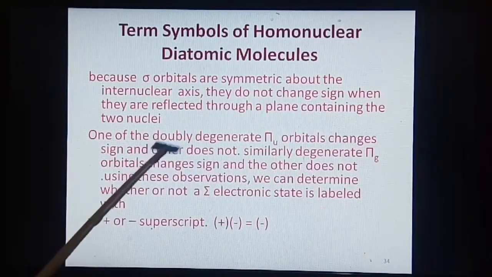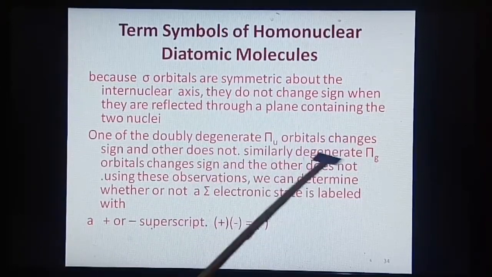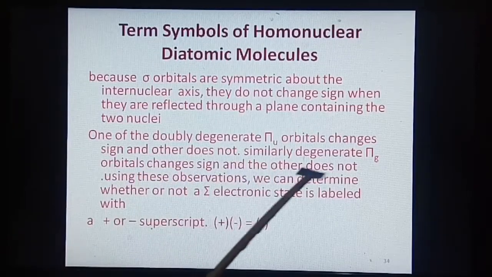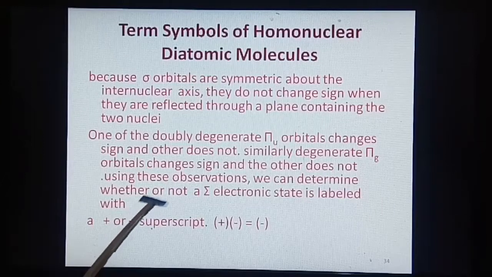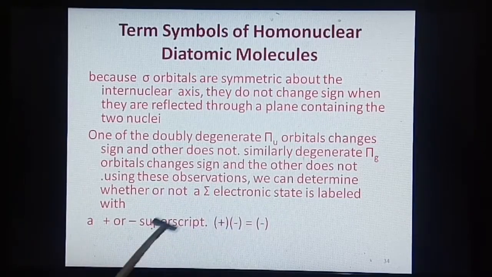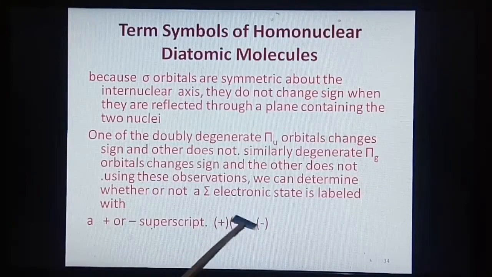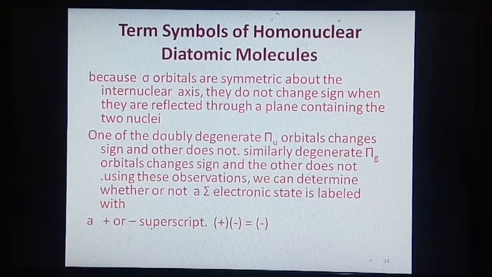Similarly, for the degenerate pi g orbitals, one changes sign and the other does not. Using these observations, we can determine whether or not a sigma electronic state is labeled with a plus or minus superscript. So we have discussed that in pi orbitals the plus times minus sign is equal to minus.